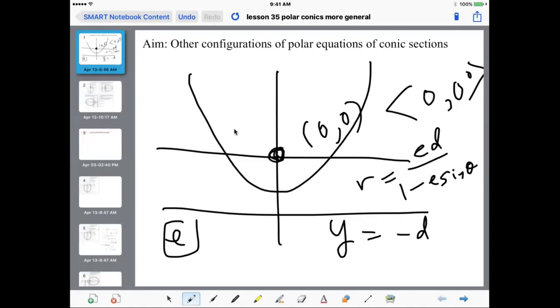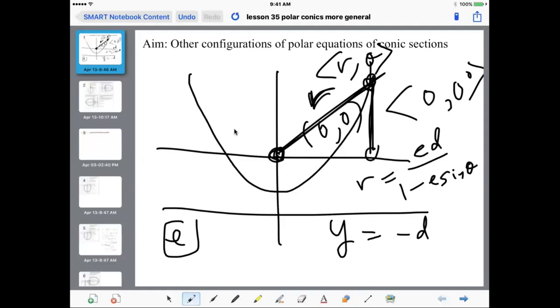And just as a reminder, because you're going to be doing this for other scenarios, we got that by picking a random point, calling it r theta, drawing this line, calling that r. This piece from here to here, this is theta. Theta always comes from the pole. So that piece is r sine theta, and this piece here is d.